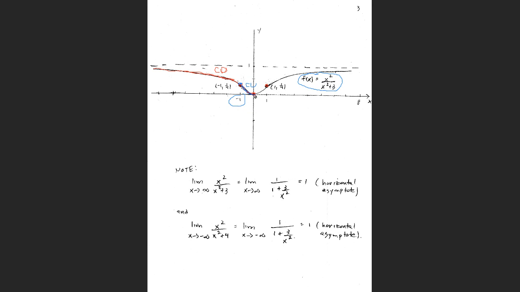And then after 0, and again, all I did was I went back to the information that I got based off the first and second derivative from my charts.